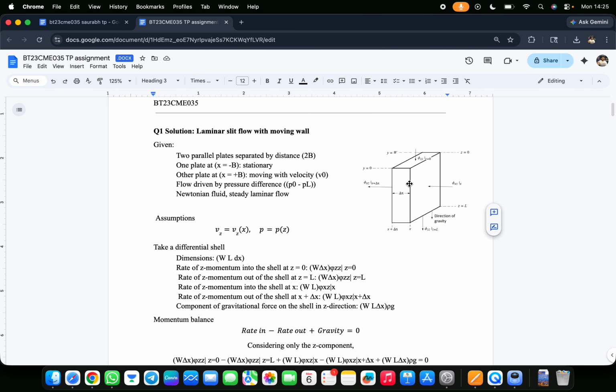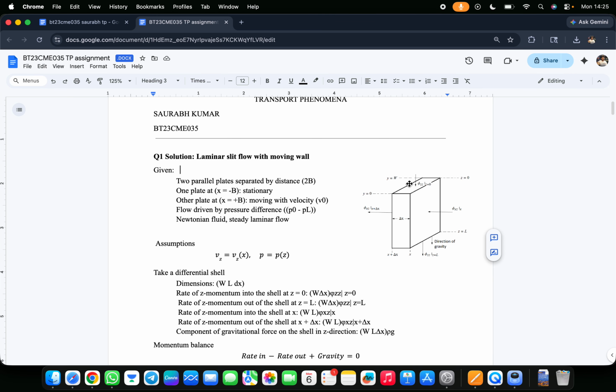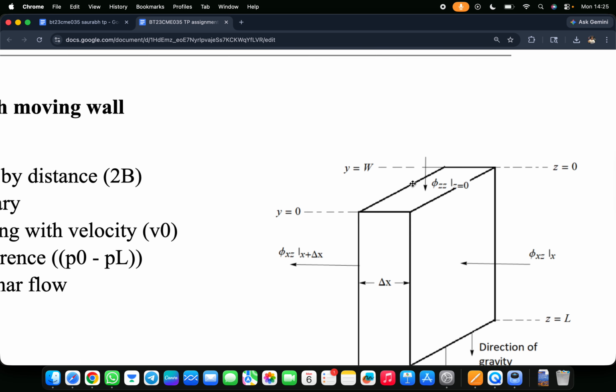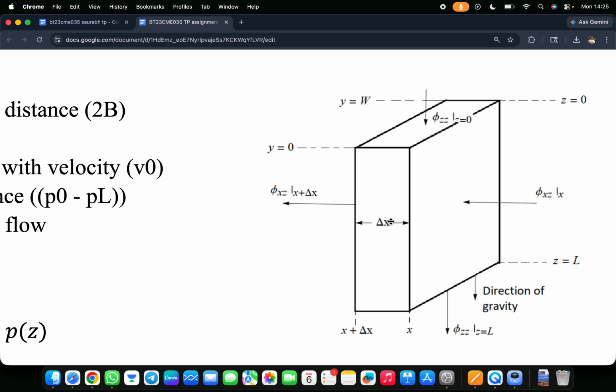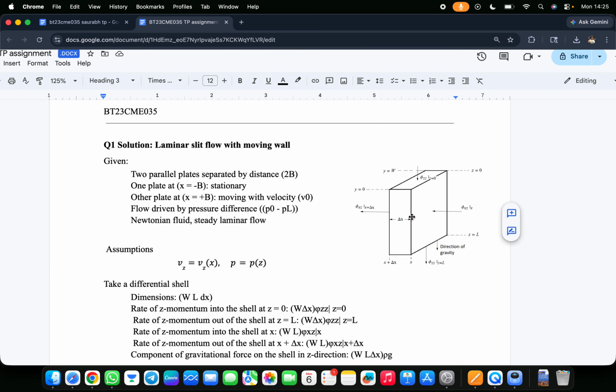So first we have to analyze how velocity is changing. We can see in the slit that there is only velocity in z direction. There is no velocity in x direction, there is no velocity in y direction, and the velocity is not changing in z direction because of fully developed flow or the continuity equation, and the velocity is not changing in y direction because end effects are neglected.